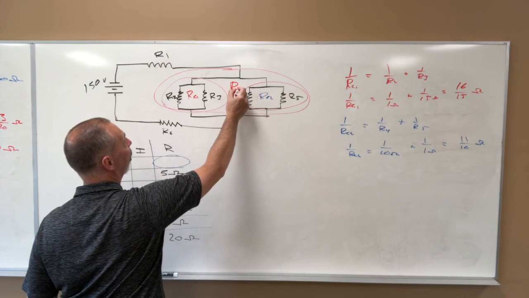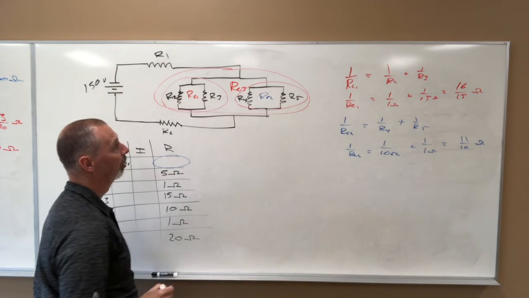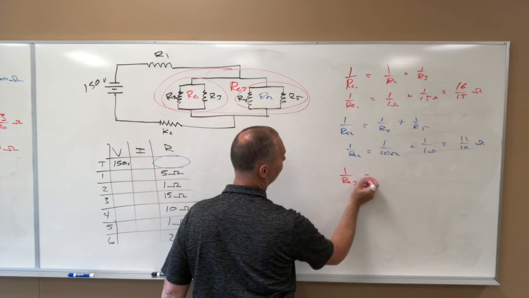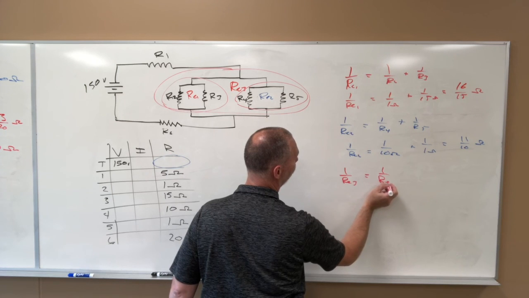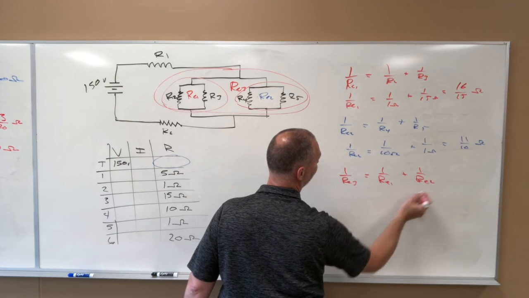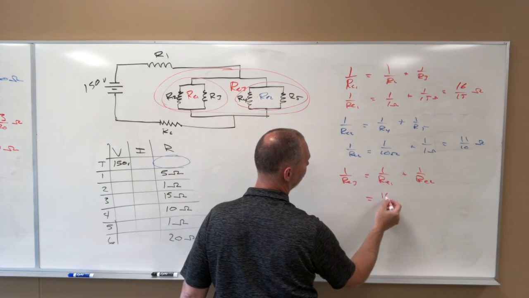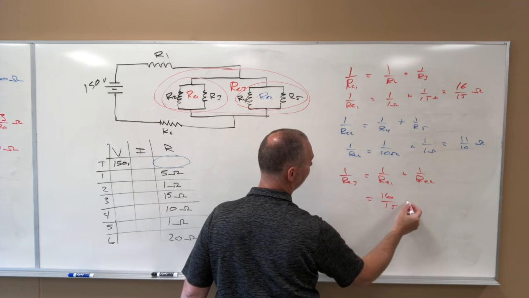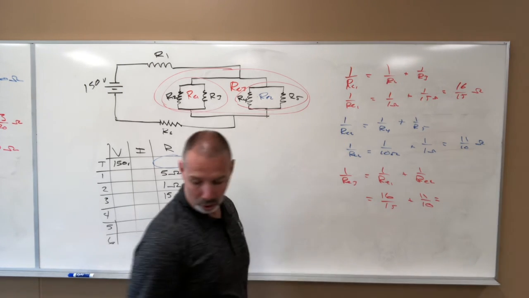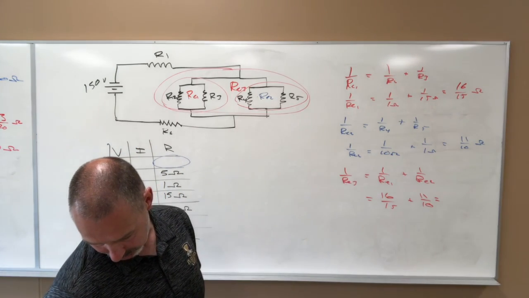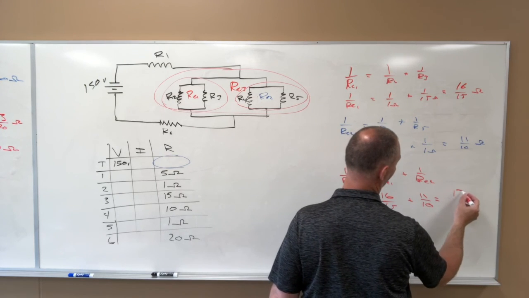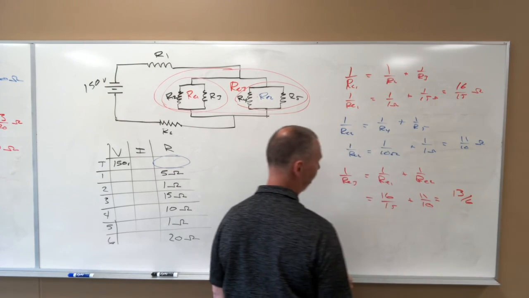We're going to find RE3. Again, 1 over RE3 equals 1 over RE1 plus 1 over RE2, which equals 16/15 plus 11/10, which equals 13/6.